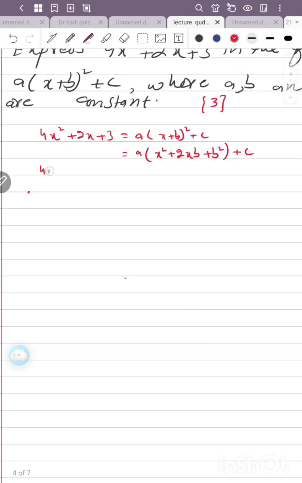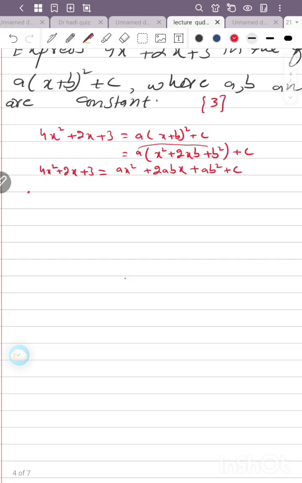Here 4x square plus 2x plus 3 equal to a into, we just multiply it, ax square plus 2abx, and here a multiplied by b square, it will be ab square plus c.